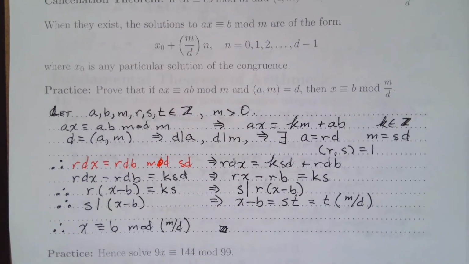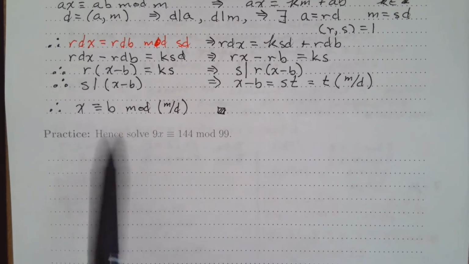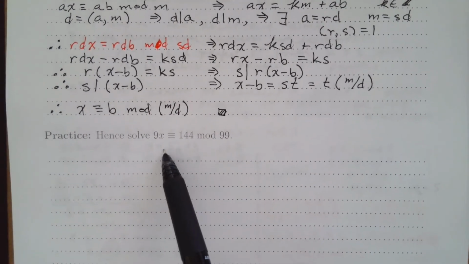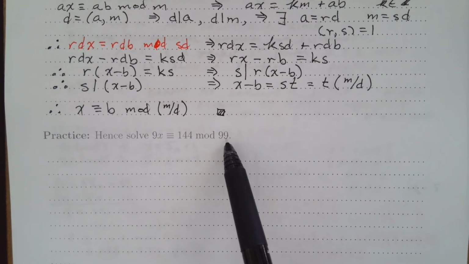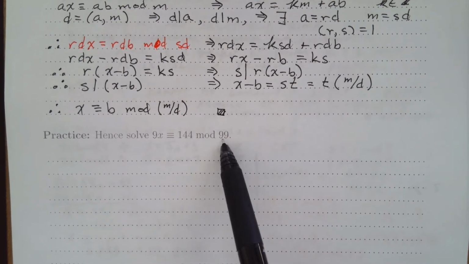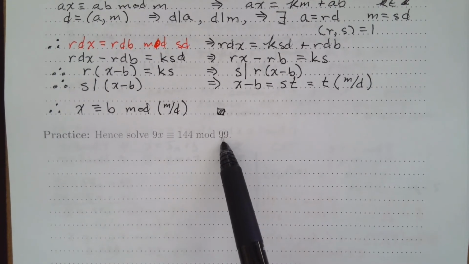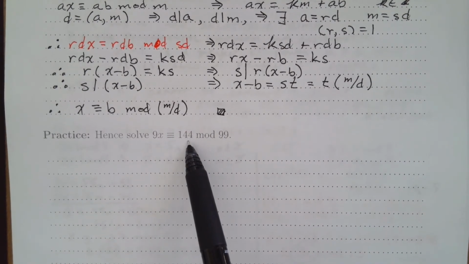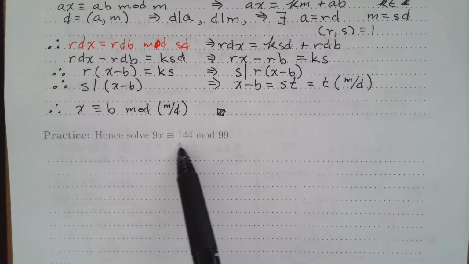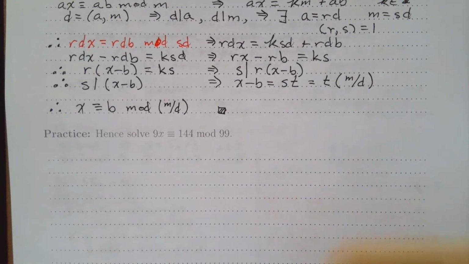How can we use the cancellation theorem? Well, let's solve this particular congruence. Notice that for this congruence, the remainder is greater than the value of m, which is fine, and sometimes you create this situation in order to be able to solve your congruences.